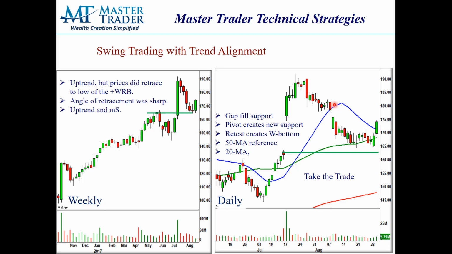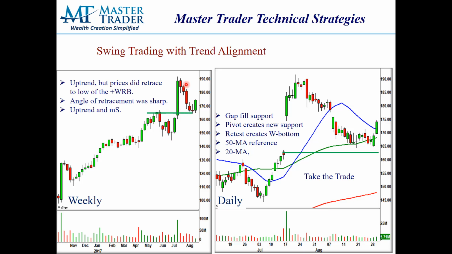It's going to stall over here. The weekly's in an uptrend. It's not likely to take out this high without a period of chopping around when it gets here. Now, we make some assumptions when we look at these patterns. Those being, as I explained, this type of retracement, the angle, the retracement to the wide range bar.